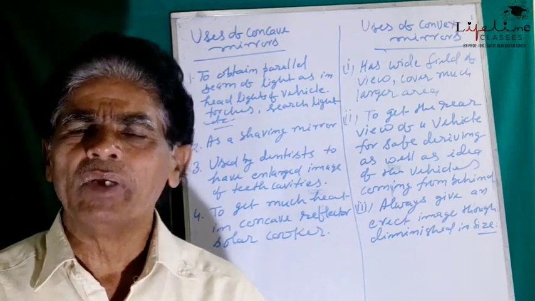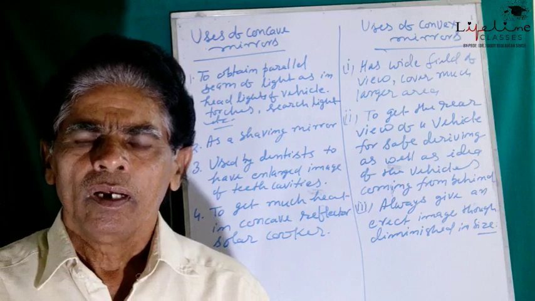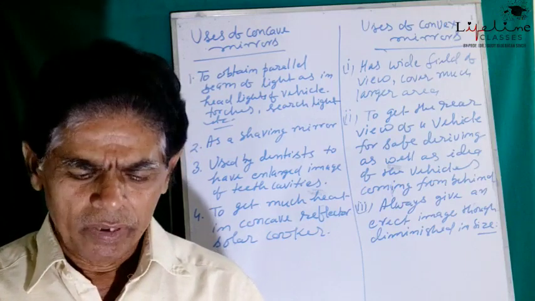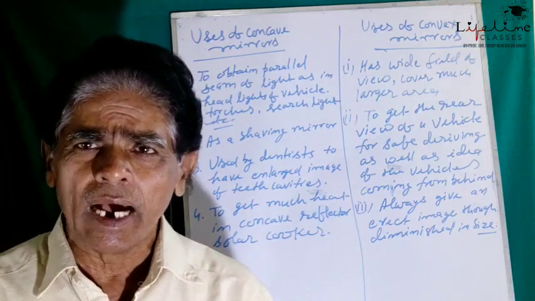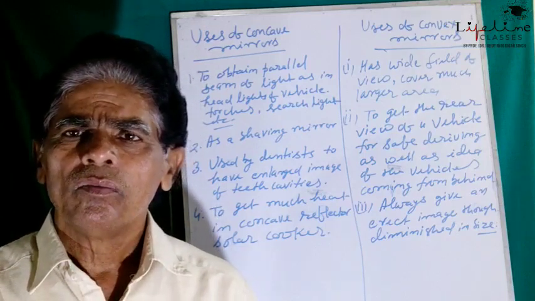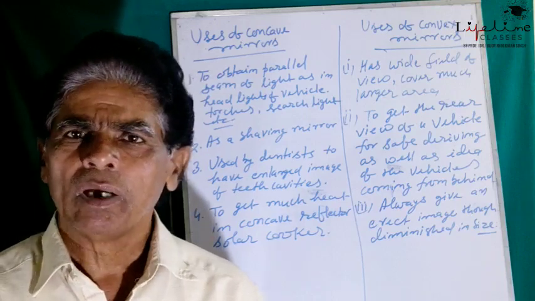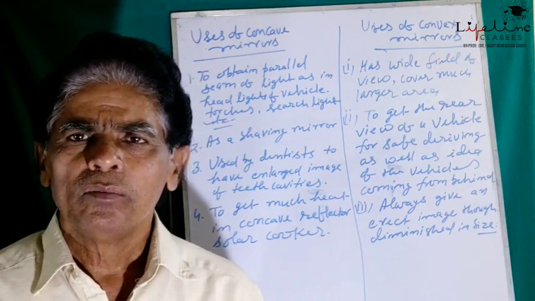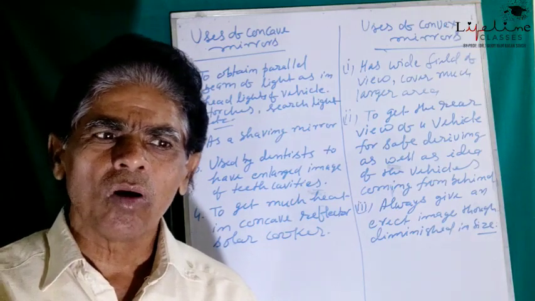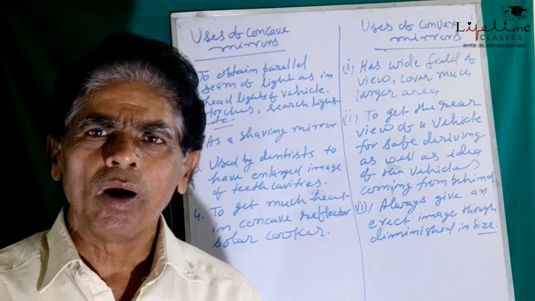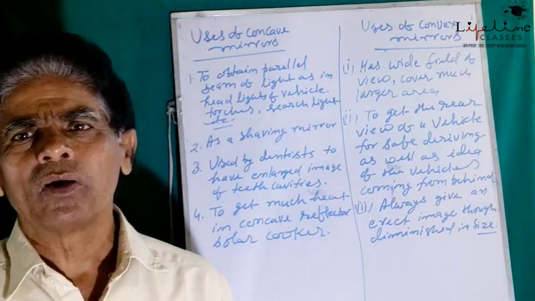In case of plane mirror, there we get a very exact idea about the vehicles or anything coming from the backward side, because the image is always at the distance equal to the object in front of the mirror.